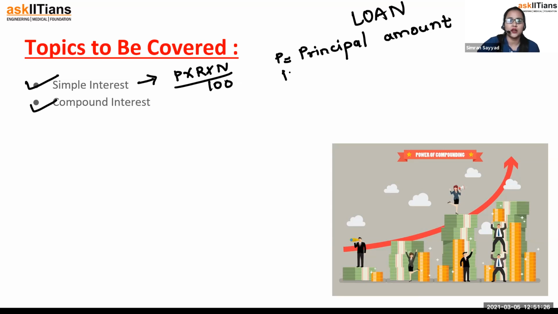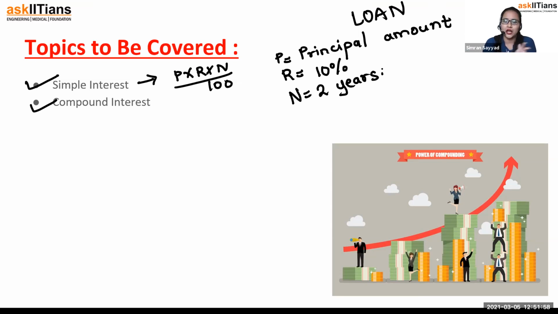So the rate of interest: every bank or lender has a different rate of interest charge. Let's consider there is a 10% interest, so when you are giving them back the money, you have to pay 10% more on that. And number of years, like you both would have agreed that you will give back that money in the next 2 years, maybe 3 years, 5 years, 10 years, whatever the commitment is.